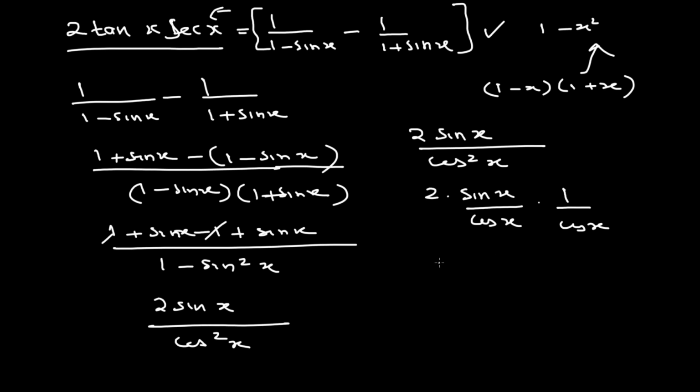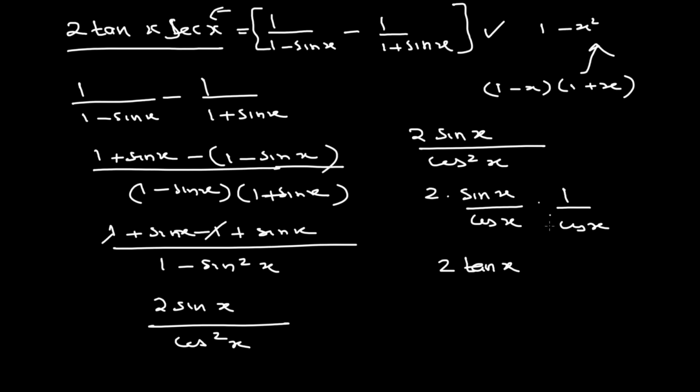So we can see 2 becomes 2. This, we know it's our first identity. That's why we said we need to know it by heart and identify it every time we see it. So here we have tan x.